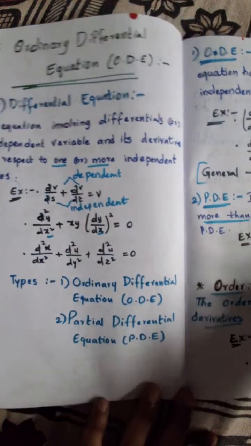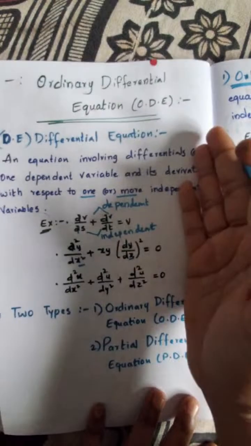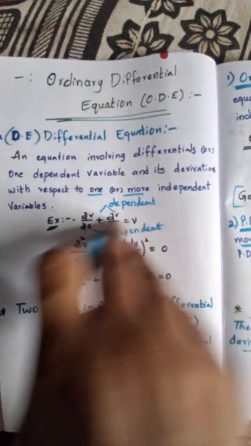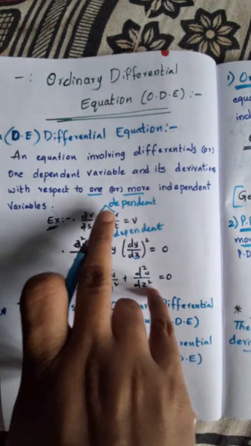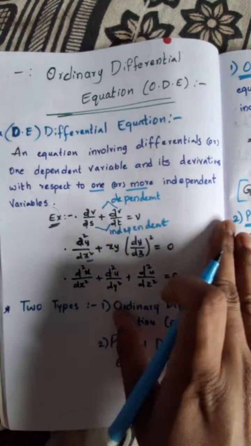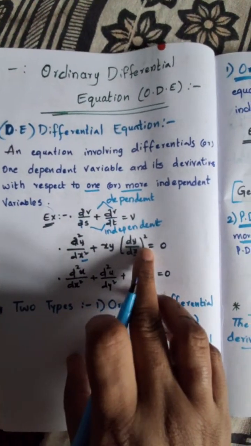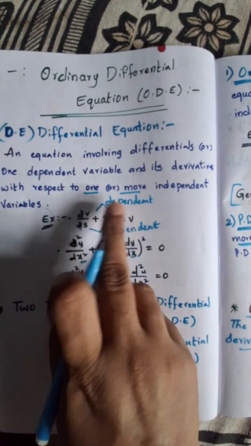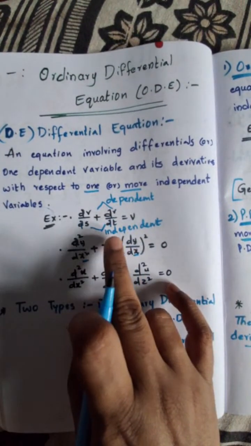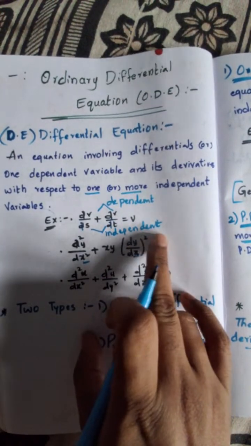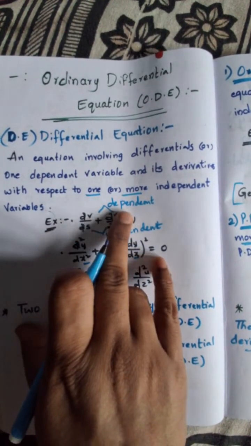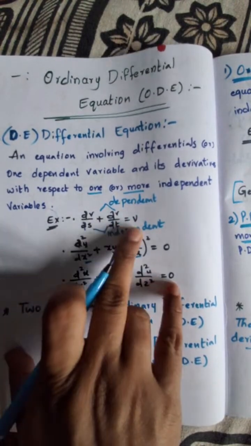In this video we have learned ordinary differential equations: an equation involving one dependent variable and one or more independent variables. First of all, we have to know what is a dependent variable and what is an independent variable in a differential equation. The variable in the numerator we call the dependent variable, and the variable in the denominator we call the independent variable. Here there are two independent variables and only one dependent variable, so this is in the form of a differential equation.